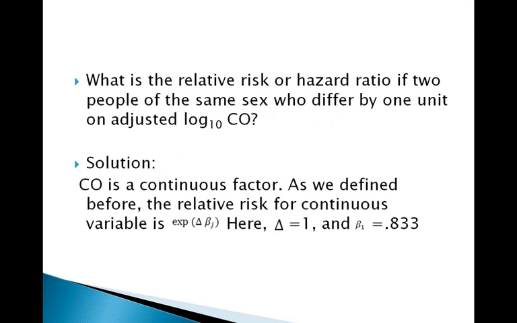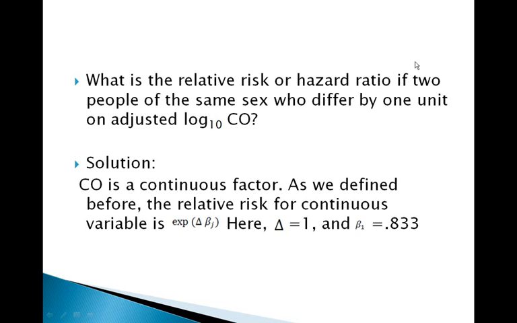What is the relative risk or hazard ratio if two people of the same sex differ by 1 unit on an adjusted log base 10 of CO2? Since CO2 is a continuous factor, as we defined it before, the relative risk is the exponentiation of delta times beta j.